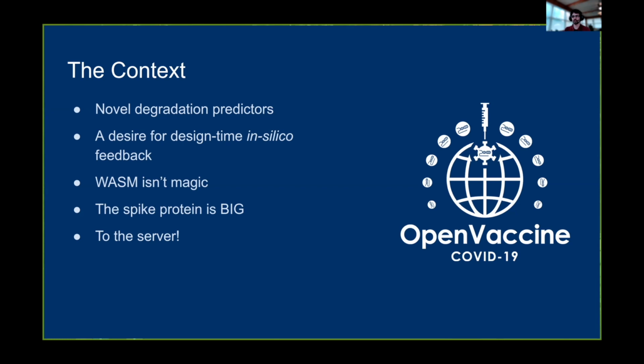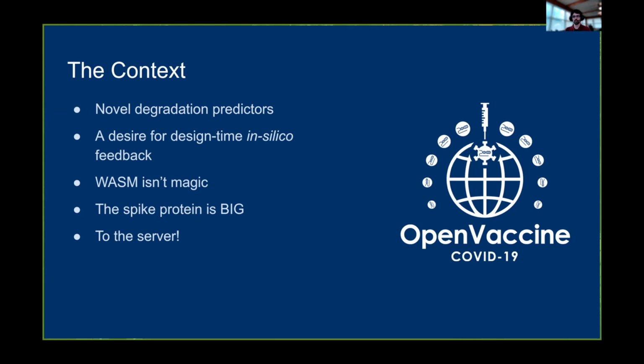It does allow for high performance calculations within the browser, but trying to get these predictors, particularly those based off of machine learning systems, to actually compile in that environment turned out to be a bit of a headache. On top of that, working with a spike protein, which is huge, involves really expensive calculations that take a long time.